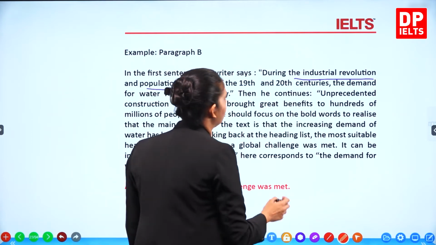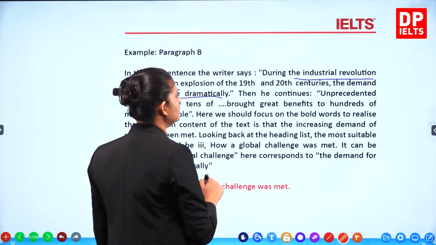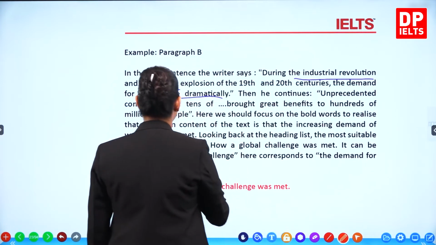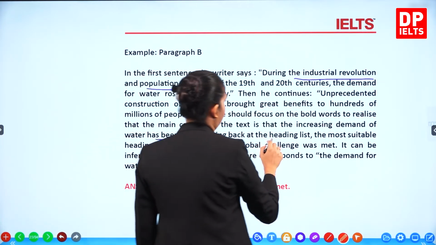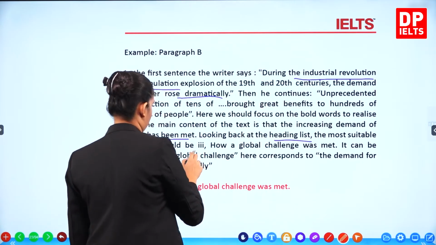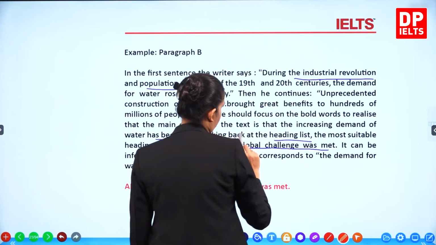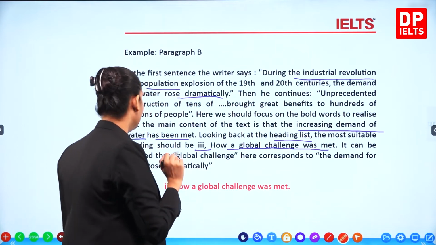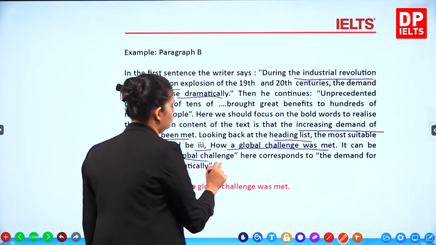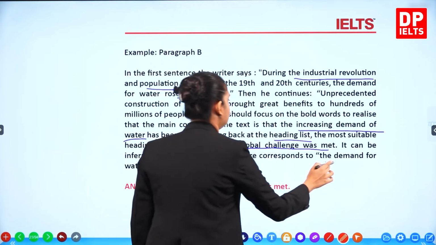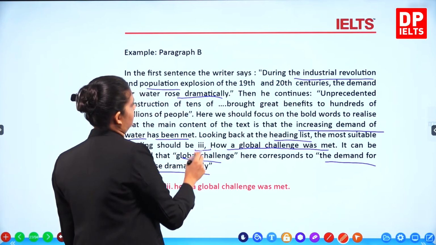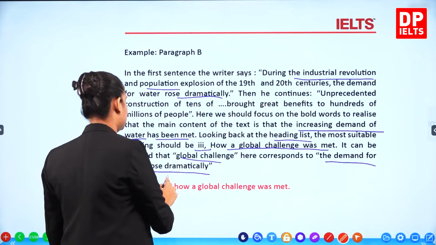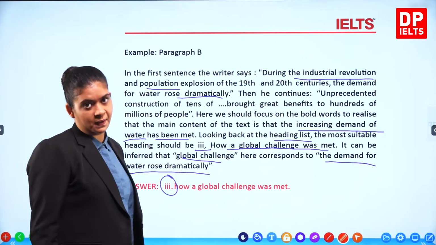Here we should focus on the bold words to realize that the main content of the text is that the increasing demand of water has been met. Looking back at the heading list, the most suitable heading would be 3. How a global challenge was met, because it was meeting the increasing demand of water. It can be inferred that global challenge here corresponds to the demand for water rose dramatically. What I just underlined here before, right? So the most appropriate answer is 3. How a global challenge was met.